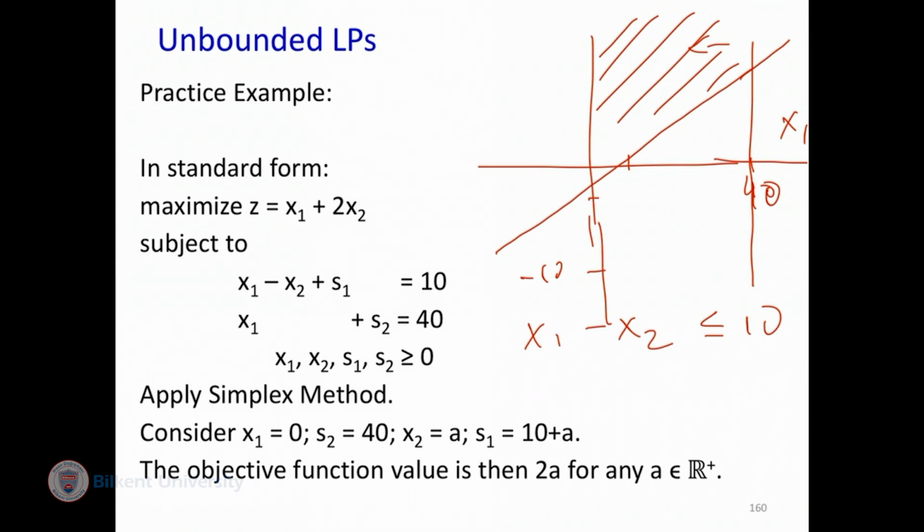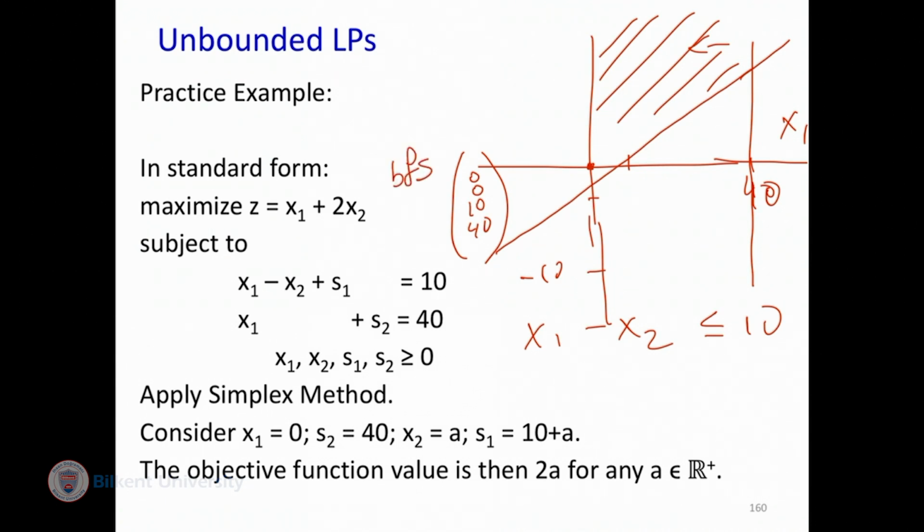I don't have room, that's why I cannot draw it. So that's my feasible region. We started again with our origin, 0, 0. S1 value was 10, S2 value was 40. That's my starting basic feasible solution.